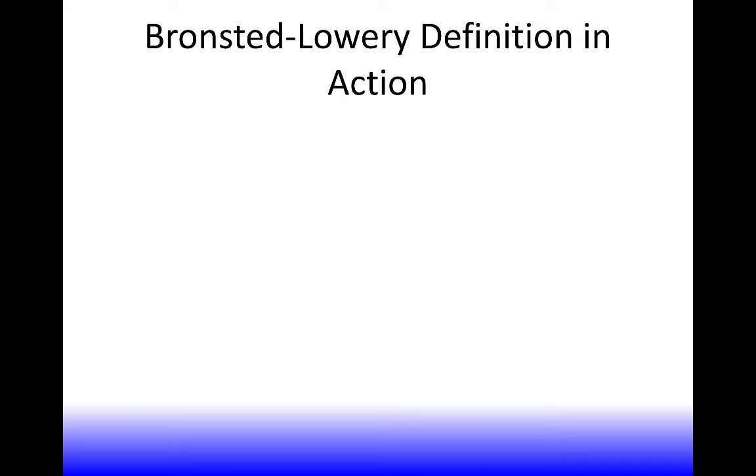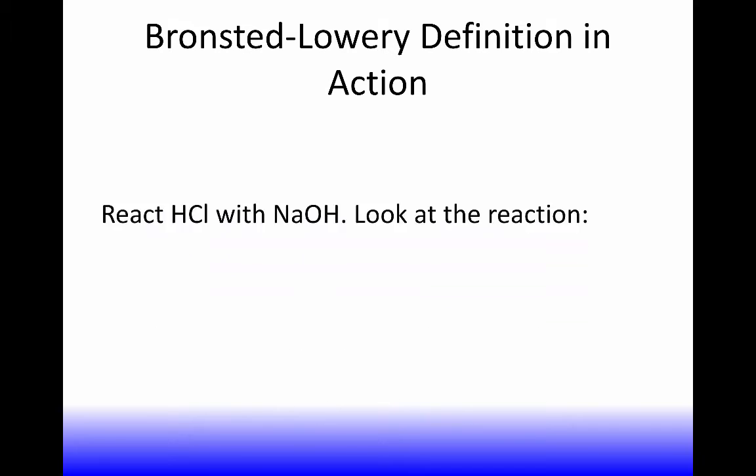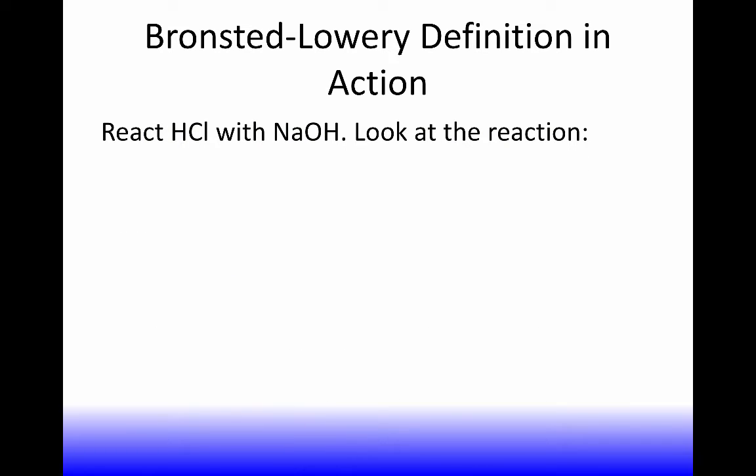Now let's take a look at the Bronsted-Lowry definition in action. If we react HCl with NaOH, let's look at what happens. HCl and NaOH form water and sodium chloride. Remember, we're trying to find the Bronsted-Lowry acid. Does the HCl gain or lose a hydrogen?